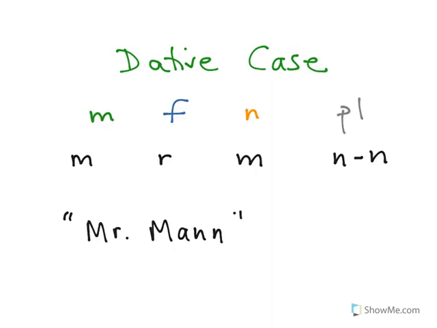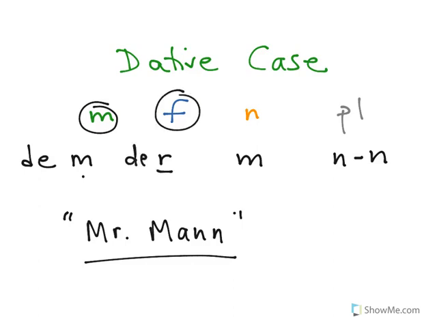Some people find it useful to have a trick to remember the endings for the dative called Mr. Man, which stands for the M in dem when you have a masculine noun, the R in der when you have a feminine noun, the M for a neuter noun, and the N-N for the plural.